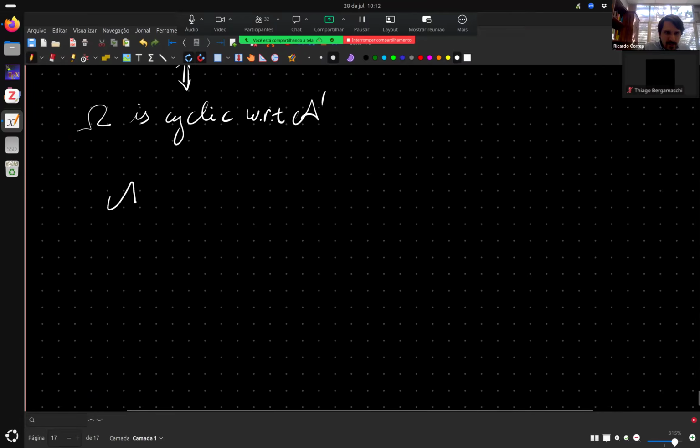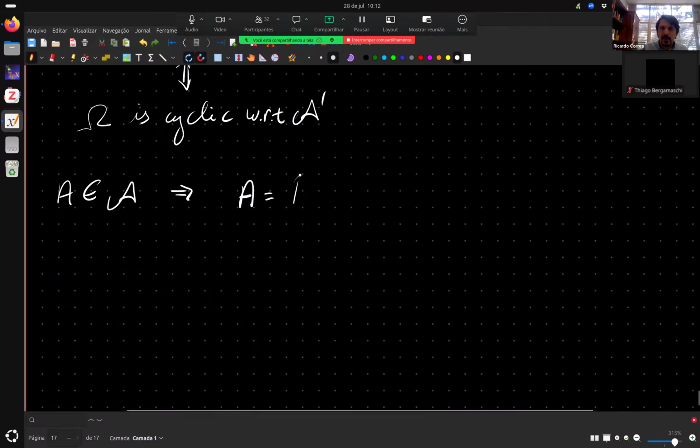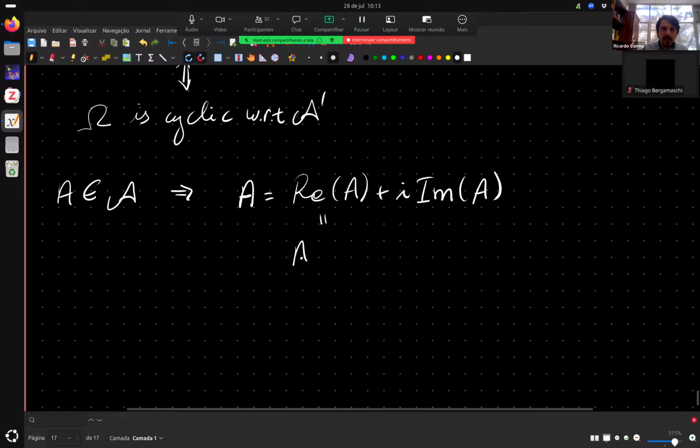So what I learned is that, at some point I will have to make a shift and go to a von Neumann algebra. But if I have my star algebra, any operator in here can be written as the sum of two self-adjoint ones. We have already discussed that. That's the real part of A plus the imaginary part of A. The real part is just (A plus A star) over 2.